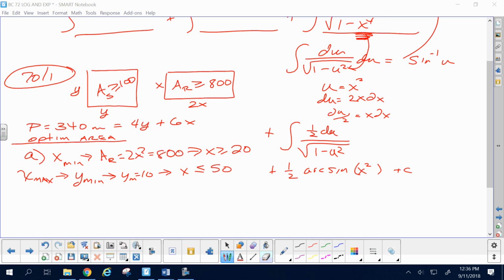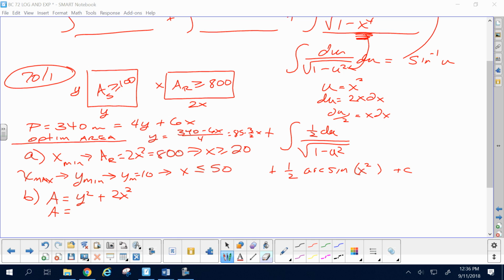The rest of it is more typical then. Express the sum of the areas of the fields in terms of x. The area is y squared plus 2x squared. What do I sub in for y in order to make this in terms of x only? What did you say y is, based on the perimeter? 340 minus 6x over 4. Let's go with 85 minus 3 halves x, if you don't mind.